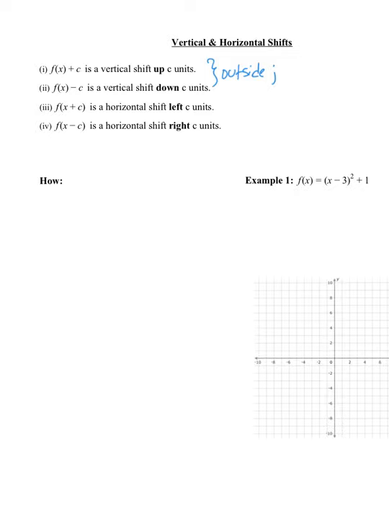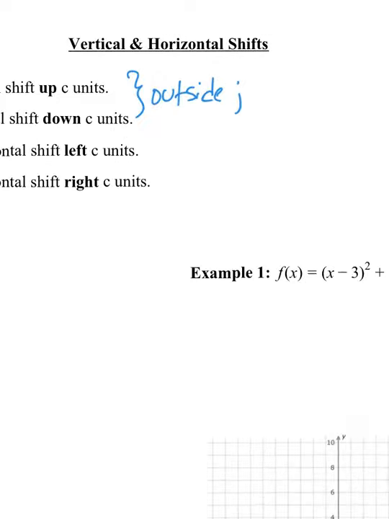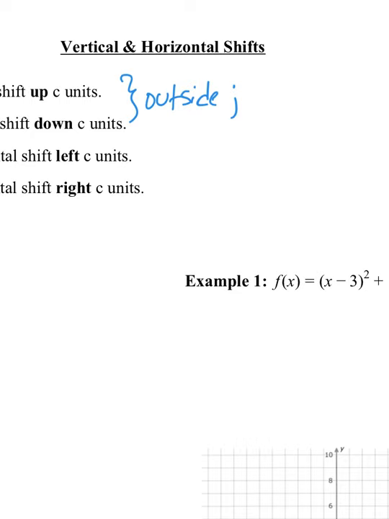Now, if you see a plus c on the outside of this, that means we are moving up the y-axis. We're shifting the graph up. So this corresponds to we are going to add the constant to our y values, and vice versa.